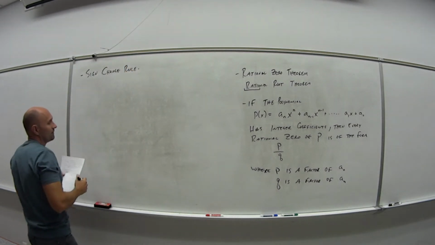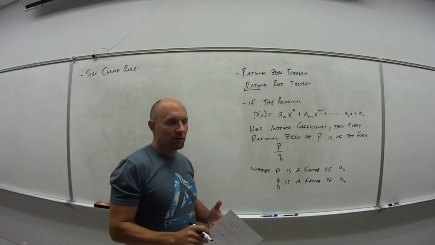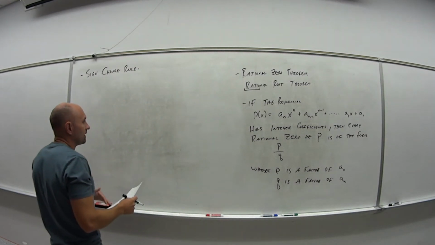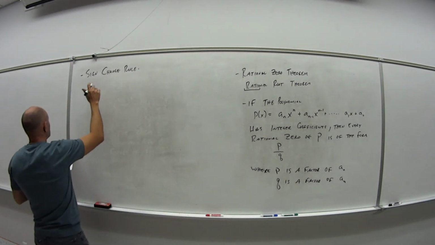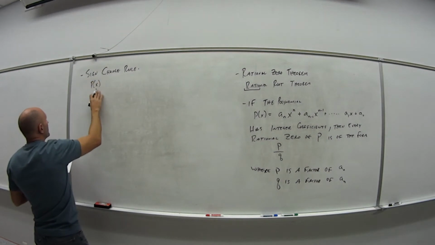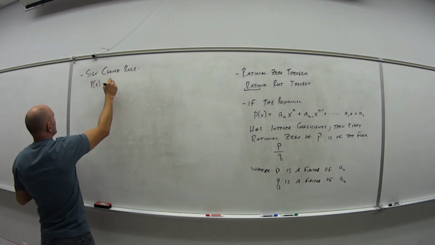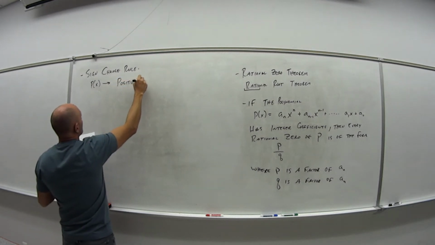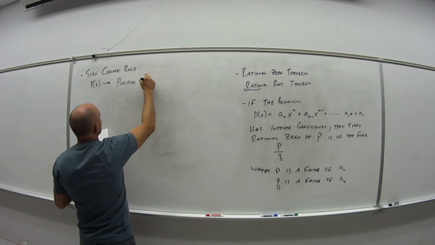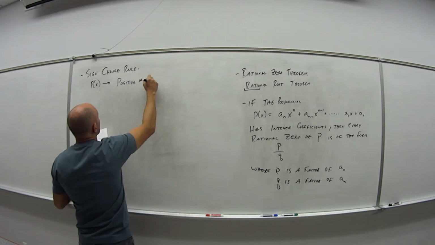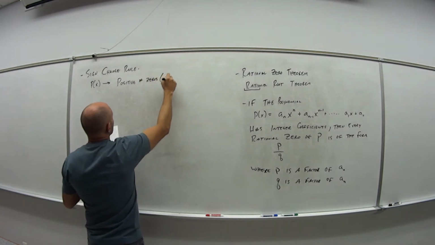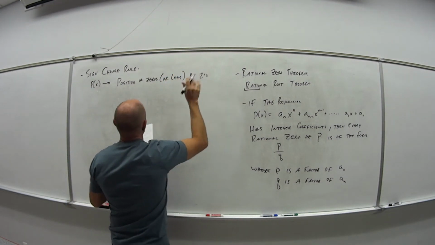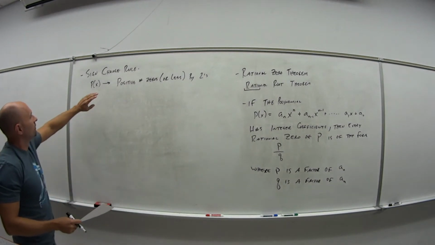This is before we even try to figure out how many zeros we have of a polynomial, how many positive and how many negative, we can use the sign change rule. So when we take our p of x, this has a positive number of zeros or less by 2's.